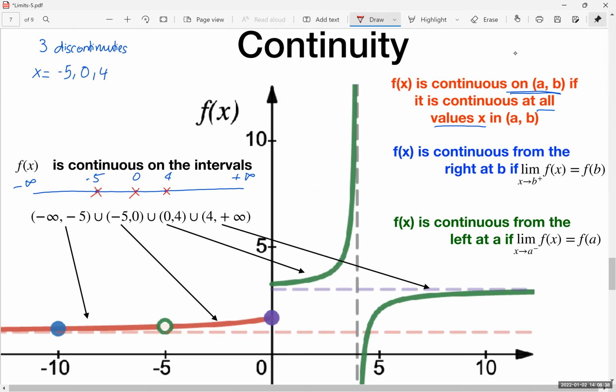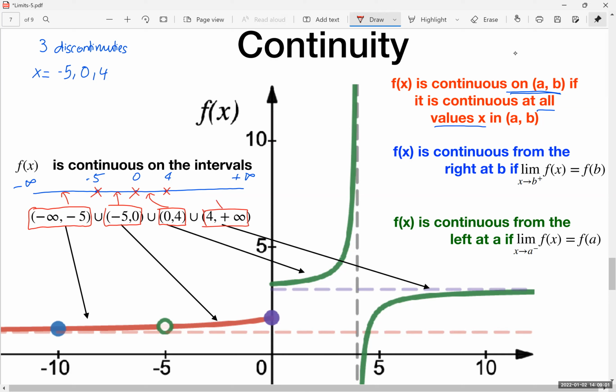So these three discontinuities divide the whole number line into 4 different intervals. The first one from -infinity to -5. The second one from -5 to 0. Third one is from 0 to 4.